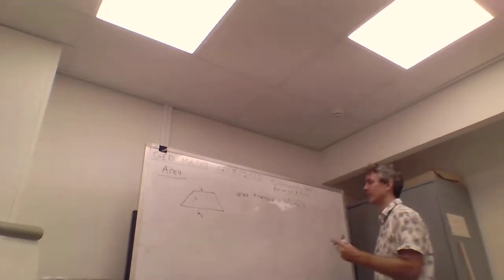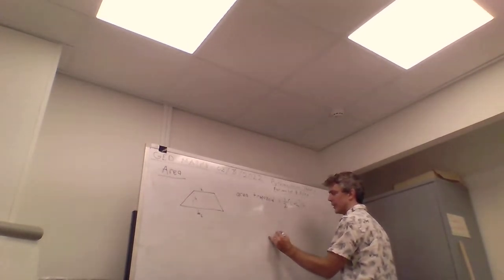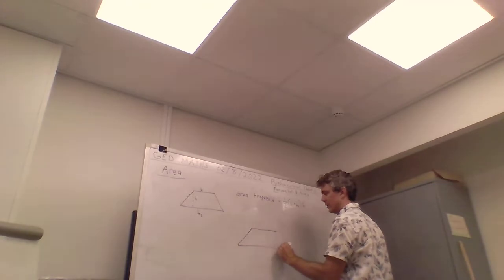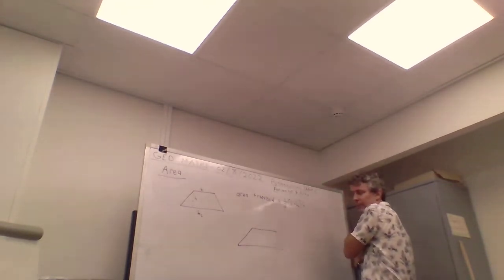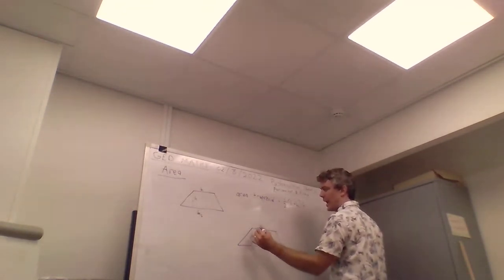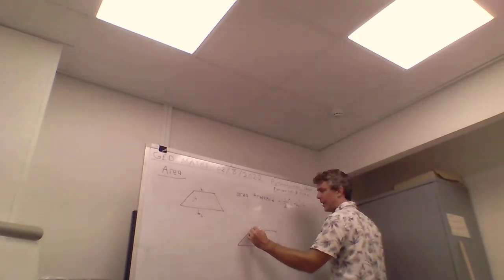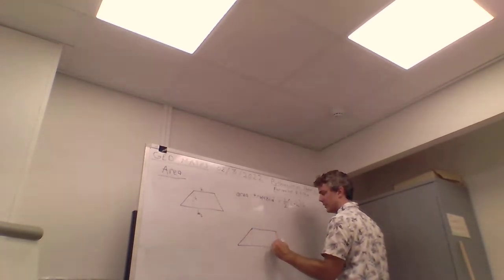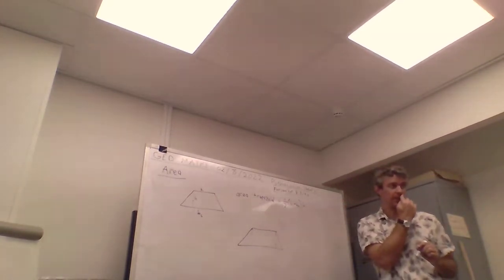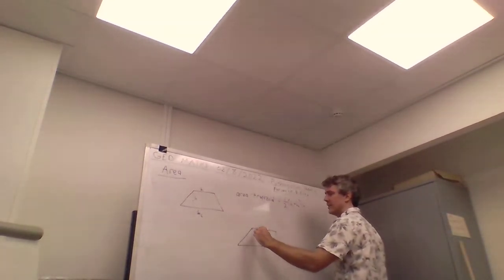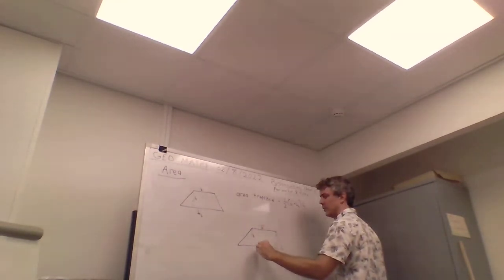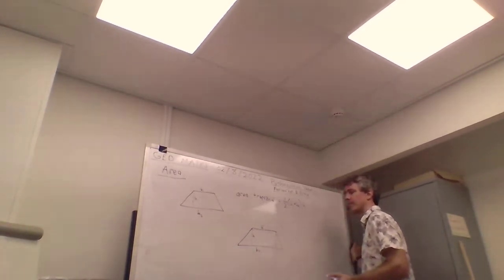Okay? So let's take a trapezoid, any trapezoid, like this. Alright? And what you need to say is, here we have our height, right? Let's draw down both sides. Okay? So here is height, and here is B1, and this is B2, right?